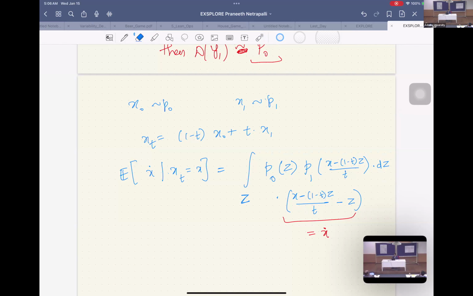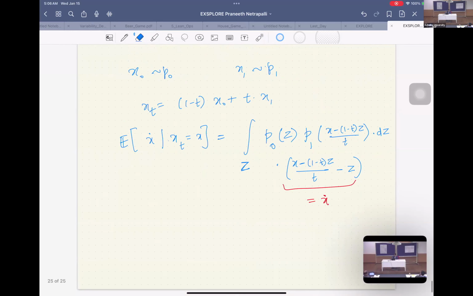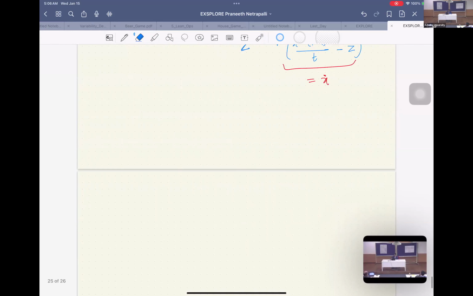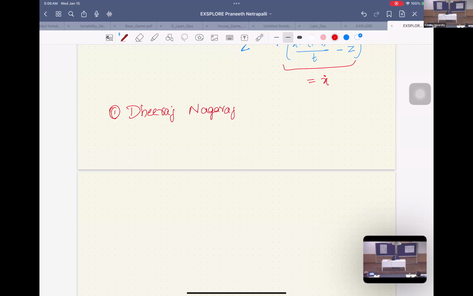I have not personally done a lot here, but maybe there are two works that I can mention. One: Dheeraj Nagaraj, who might be talking about this on Friday, developed better discretization algorithms for reverse sampling.